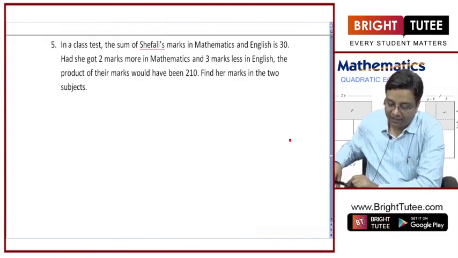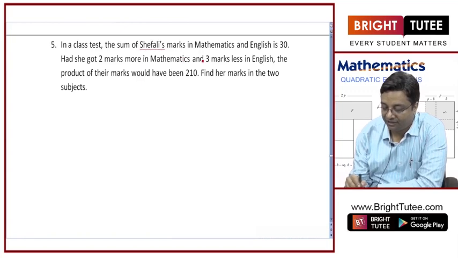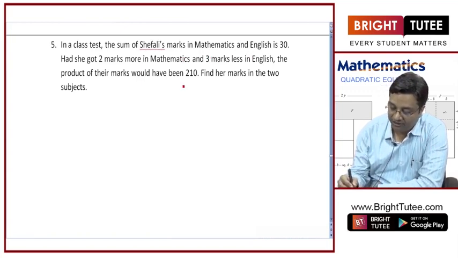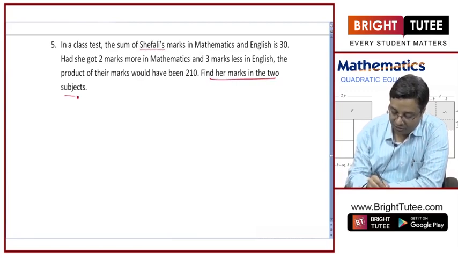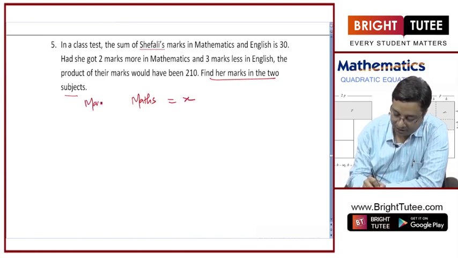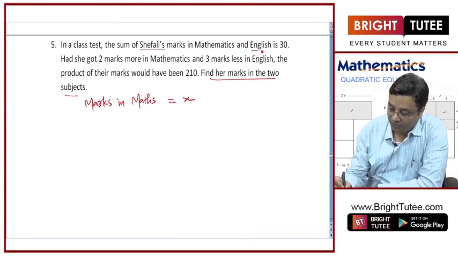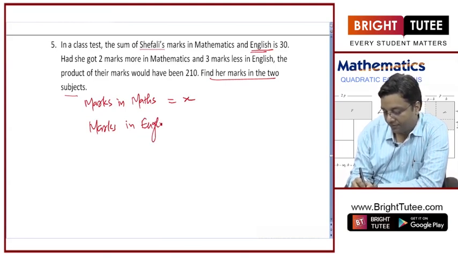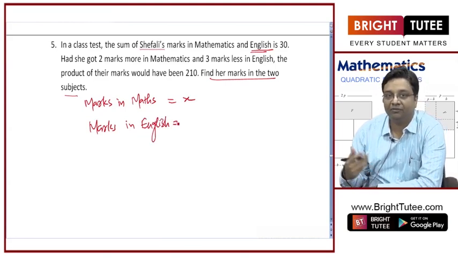All right. In a class test, the sum of Shefali's marks in maths and English is 30. Find her marks in the two subjects. Let's say her marks in maths were x. So marks in English will be, you don't have to take another variable like y or z.